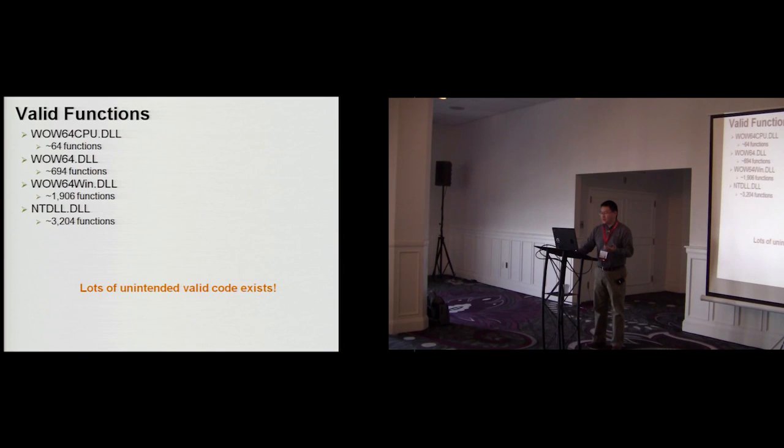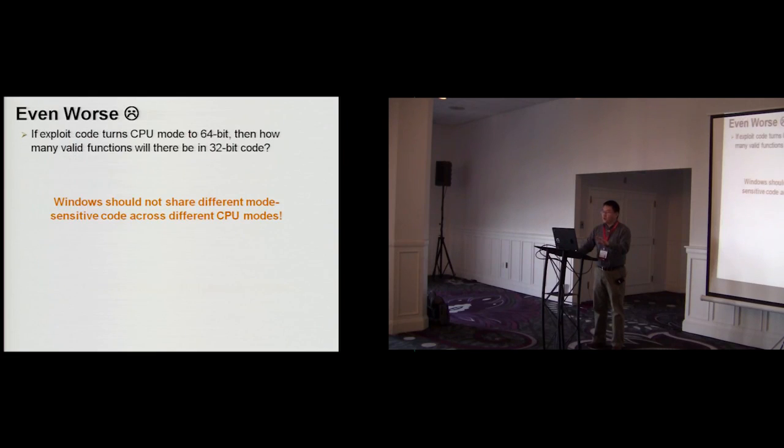The key problem here is that lots of unintended valid code could exist in WoW64. From 32-bit you can call a bunch of DLLs compiled as 64-bit code. Think about if you switch the mode from 32-bit to 64-bit: all unintended code in 32-bit could be available for 64-bit code, maybe with a different meaning, right?